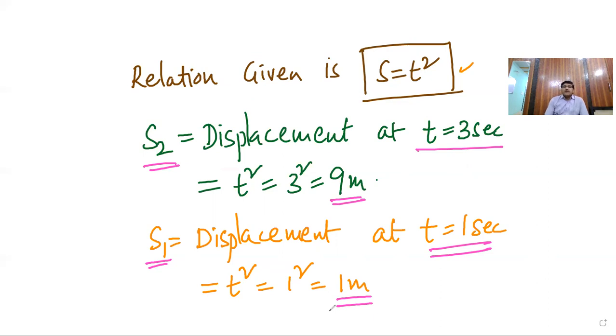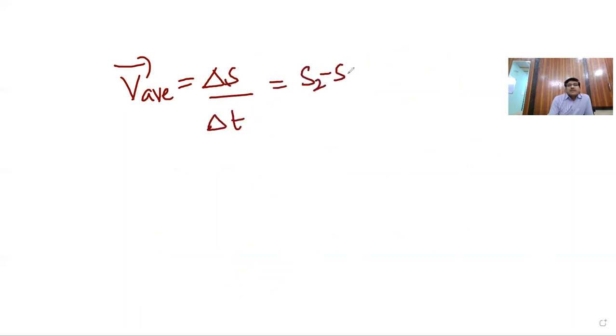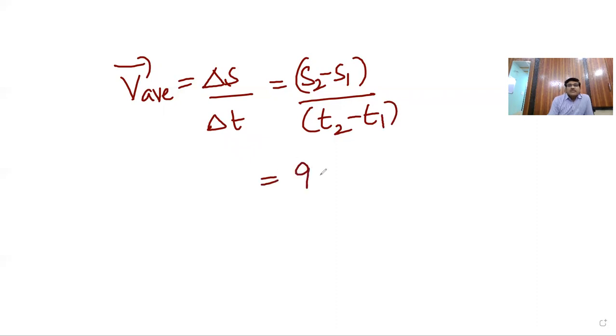Clear? Now I am directly substituting in the formula. V average, V bar, average vector, is delta S by delta T, change in displacement in between A and B by change in time in between A and B, T2 minus T1. This S2 is 9 meters, S1 is 1 meter, divided by T2 time 3 seconds, T1 time 1 second.